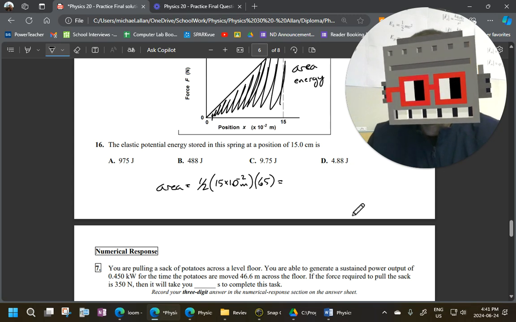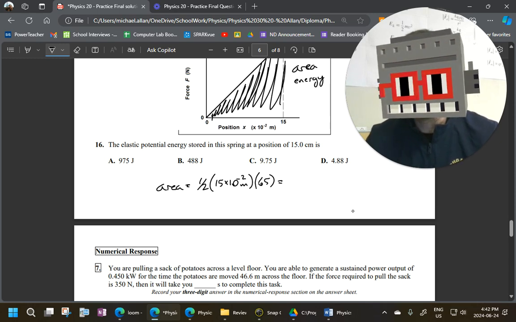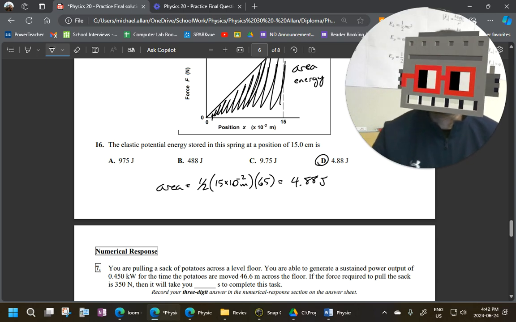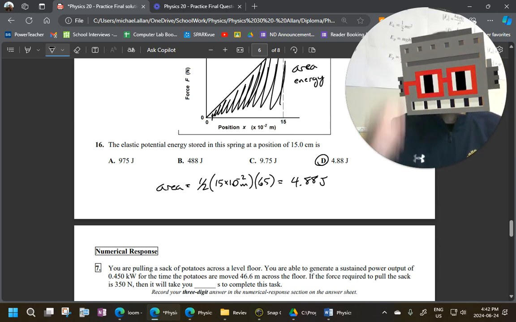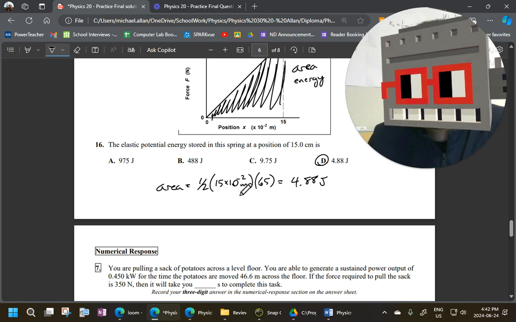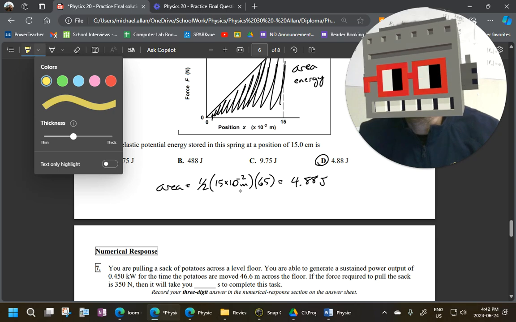So 1/2 times 65 times 15 times 10 to the negative 2. So watch out for those units, right? So 4.88 joules. So this times 10 to the negative 2 was pretty important there. Otherwise, it'd be 488, and we'd have the wrong answer. So be very cautious about these units here, right?